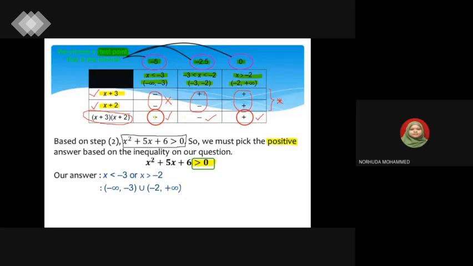And make sure the signs at the last row must alternate: positive, negative, positive, negative. They must alternate.